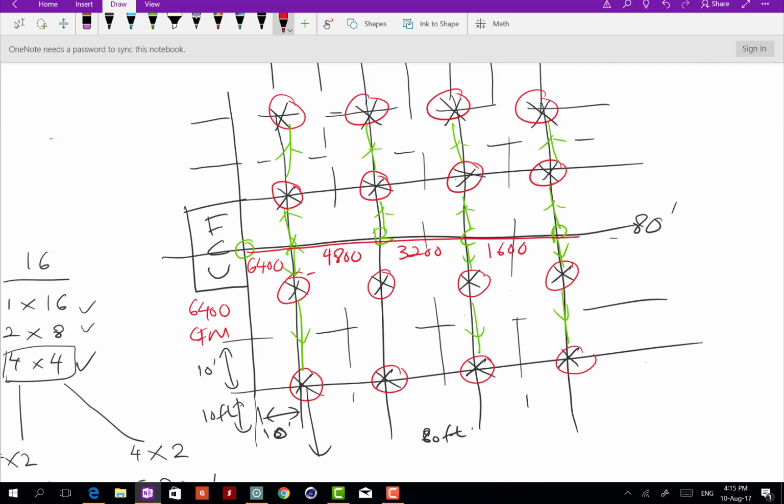For the branch duct A to A1, A to A2, all of these diffusers must have 400 CFM. So from 6400 it will throw 400 CFM here, and then it will throw 400 CFM here. Same goes for A2. Sorry, this section I call A2, you already used.